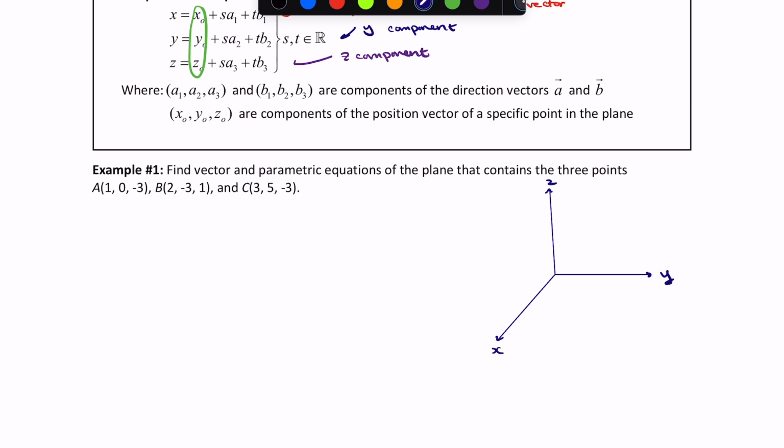So what we'll do, we'll label this a little bit. 1, 2, 3 for x. Do the same thing for y, 1, 2, 3, 4, 5. And we'll label the z as 1, 2, 3.